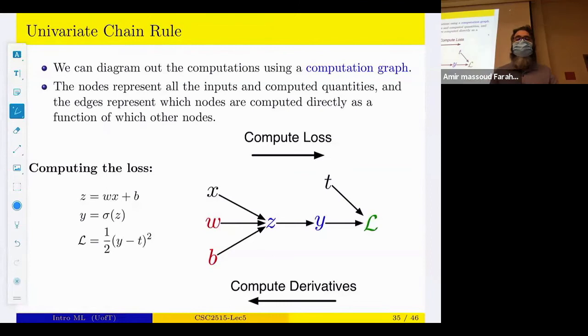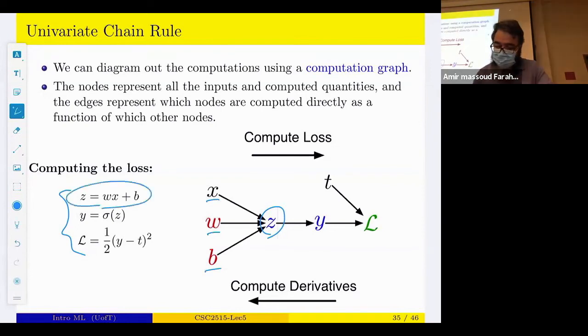We can show it in a nicer way by thinking about a computation graph, which basically says how the output is generated from the inputs through multiple steps of computation. The loss can be seen as this computation graph, where Z is a function of X, W, and B, defined by that computation step.